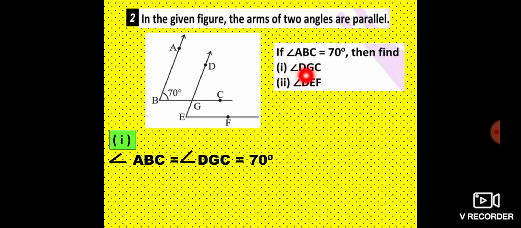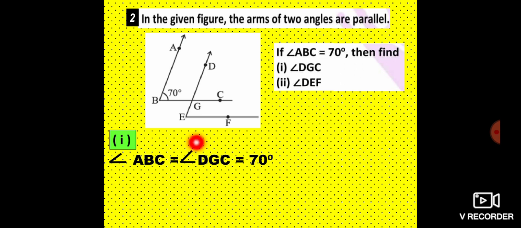Next we have to find angle DEF. For this we take BC and EF as two parallel lines. ED is a transversal. Then DGC and DEF are corresponding angles.